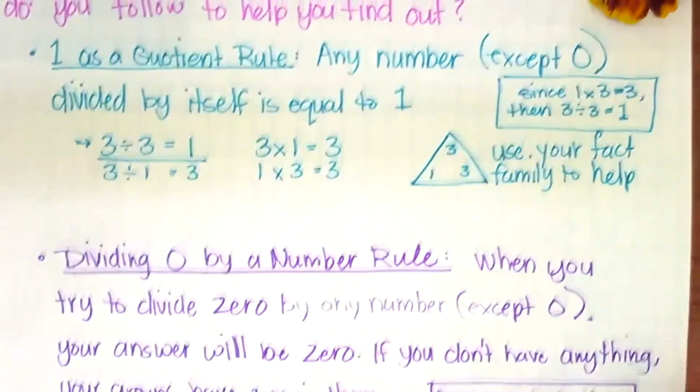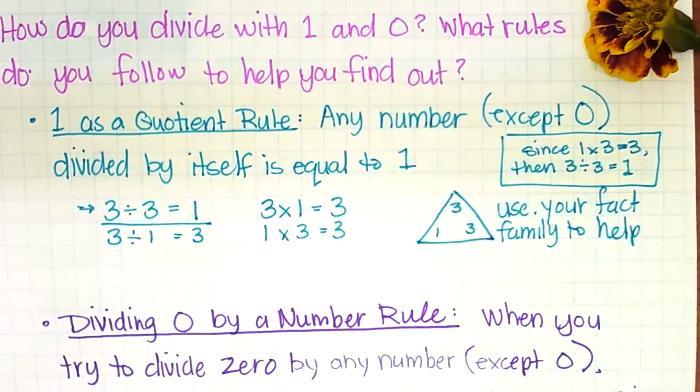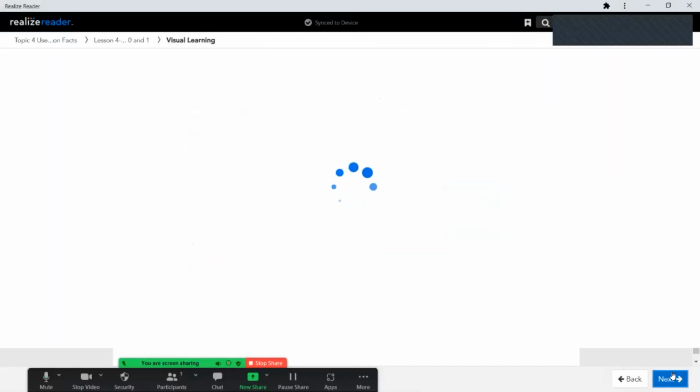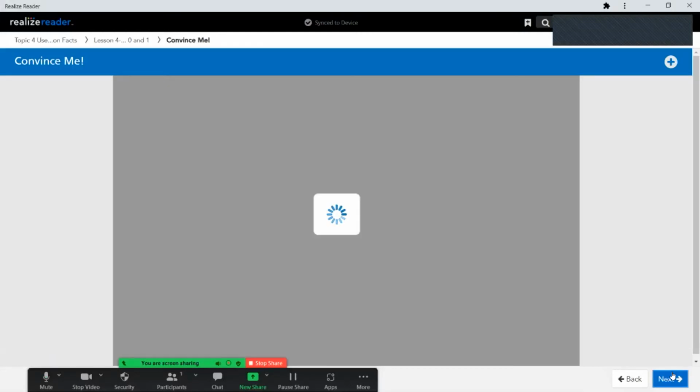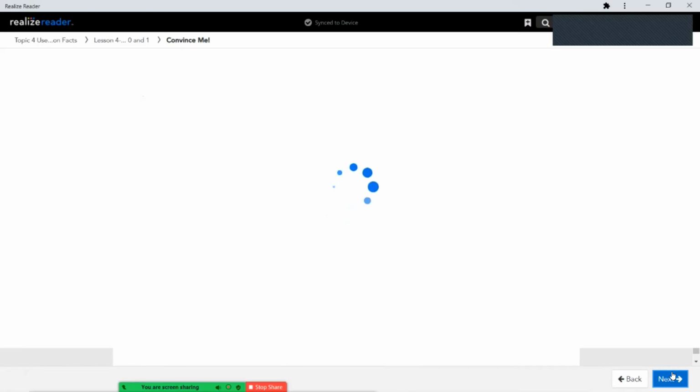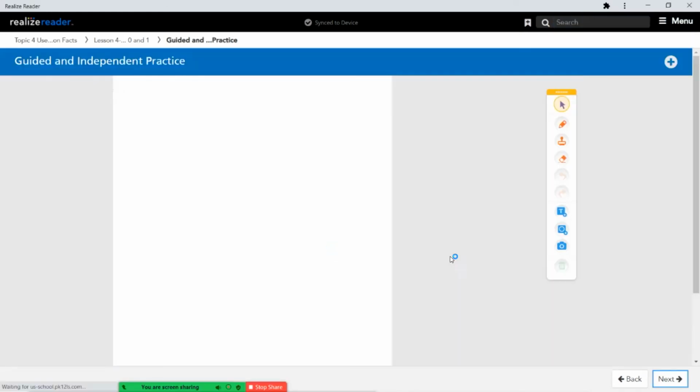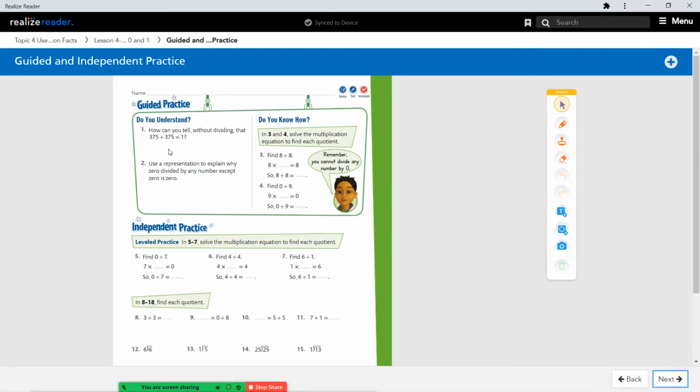Now let's take a look at our guided practice questions. So I'm going to share my screen with you one more time. And we're going to take a look at our guided practice questions, and then we're going to solve them together. So for our guided practice, number 1, it says, how can you tell without dividing that 375 divided by 375 equals 1?